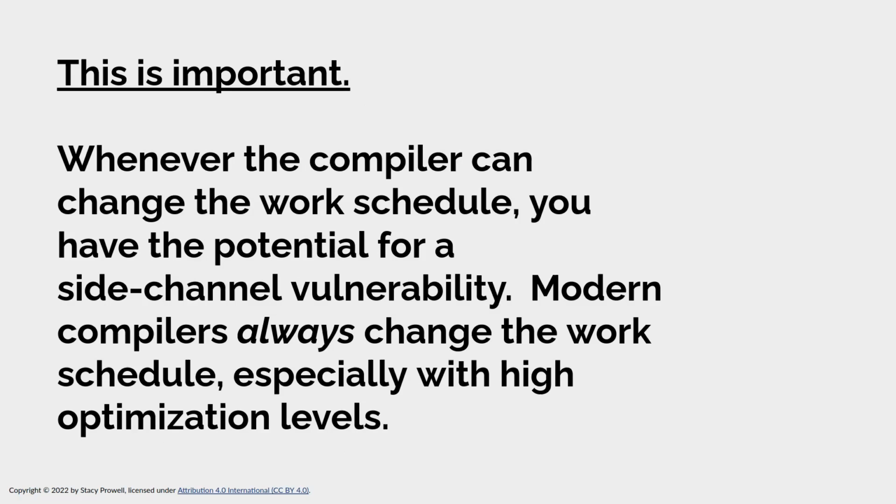And modern compilers always change the work schedule, especially when you turn on high optimization levels. So it shouldn't be a surprise that when I turn on high optimization levels, I often end up with security vulnerabilities in my code. Just reality. I'm sure you don't, but I do.